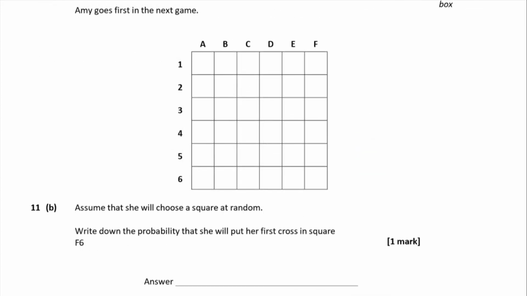Part B, it says Amy goes first in the next game. Assume that she will choose a square at random. Write down the probability that she will put her first cross in square F6. Okay, so the probability then that she picks F6 is, well, it's that one square there. So there's 1 successful outcome. We talked about probability being successful outcomes over total outcomes.